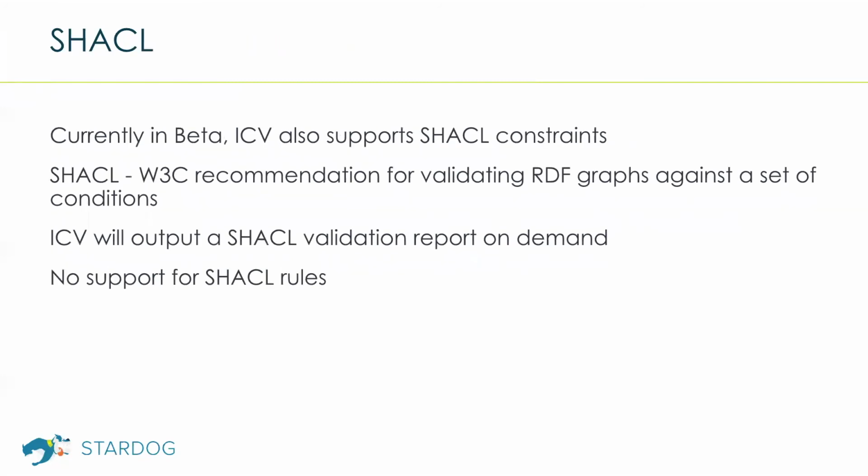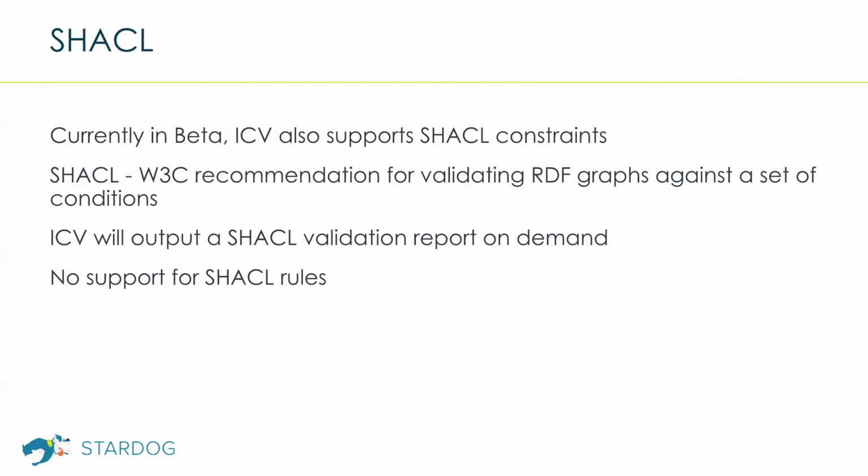Sort of a newer thing that we're currently supporting in beta is a standard called SHACL, the Shapes Constraint Language. It's kind of similar to ICV in that you define shapes for the various nodes in your data. I don't have a real solid example here, but say you can define a shape that says, if I have a node that is of this class, then it should have at least one of this property.